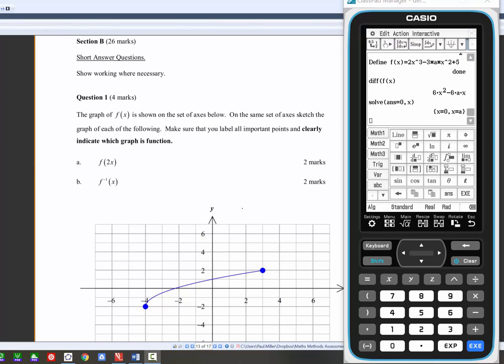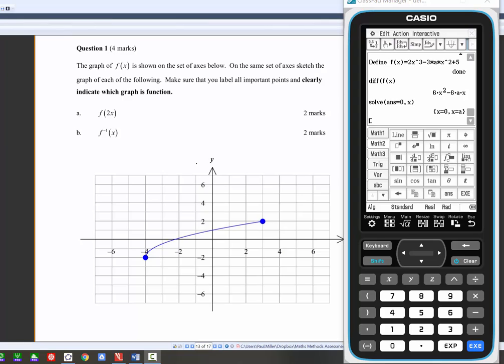All right, let's do this short answer now. So what we've got is a function f of x down here, and we want to dilate it by a factor of a half from y. Okay, so remember f of 2x is a dilation by a factor of a half from y. So what that's going to mean is this coordinate here, which was originally -4, -2, is going to become half from y, -2.